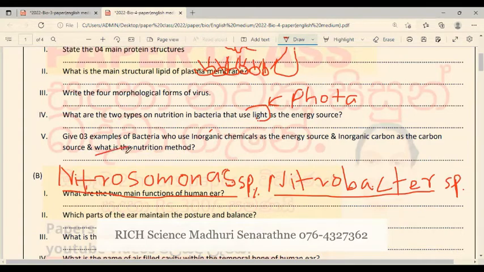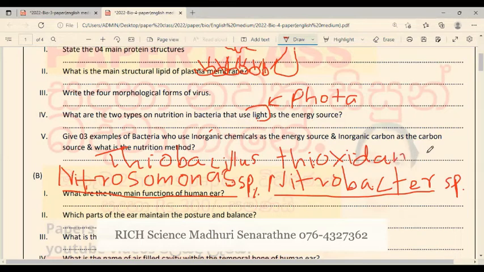Thiobacillus thioxidans. Okay, underline the name separately.